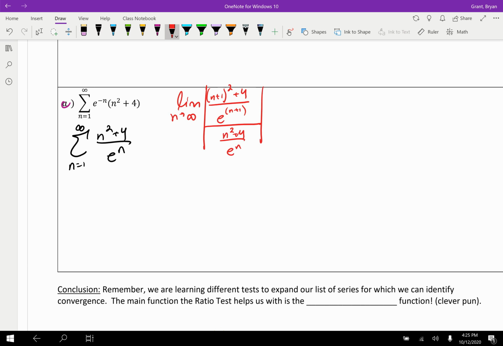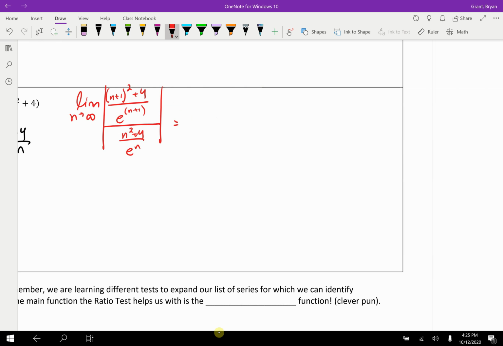We're going to need some room here. There's a bit of cleaning up we'll need to do, I think. The limit as n approaches infinity of n plus 1 squared plus 4 divided by e to the n plus 1 times the reciprocal, so e to the n divided by n squared plus 4. So really what this is doing is basically saying what will cancel out for each of the corresponding terms at infinity, and it turns out quite a bit.